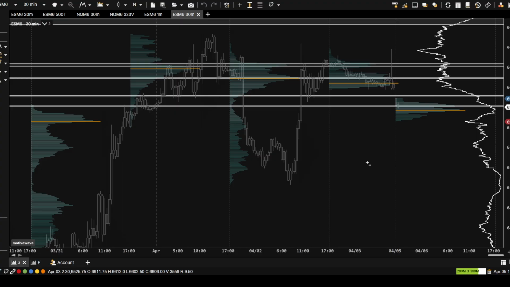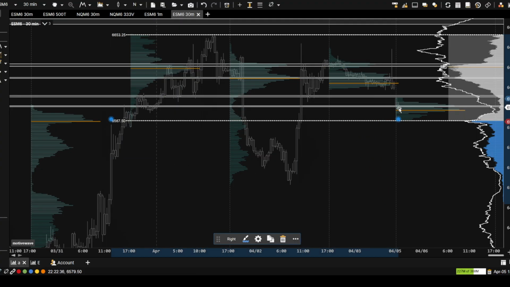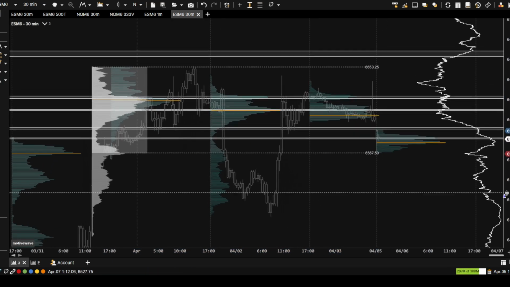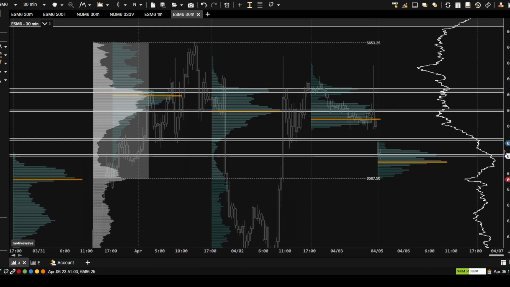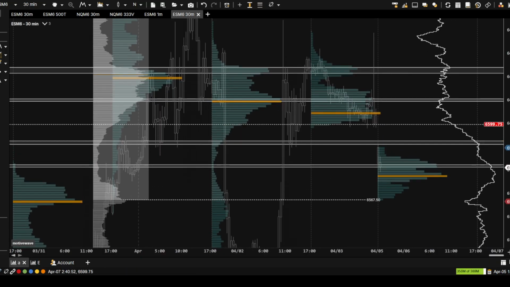And if we take volume profile, let me left. Yeah, see this low volume node around 16 is the 600.